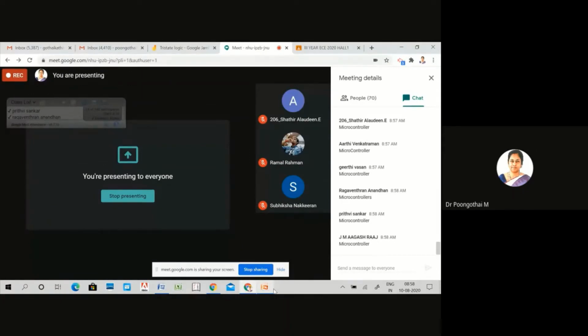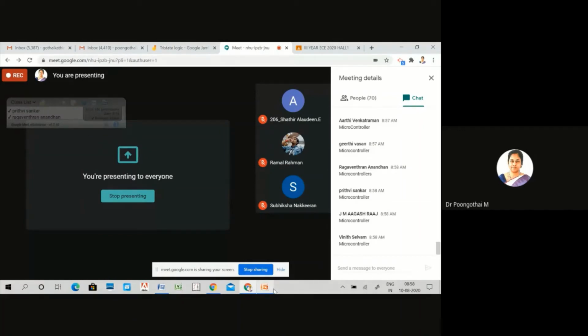So first point, your CPU is standalone in microprocessor, but in the case of microcontroller, all are on a single chip. Students, please make a note of it. It's a very important thing in the first unit.